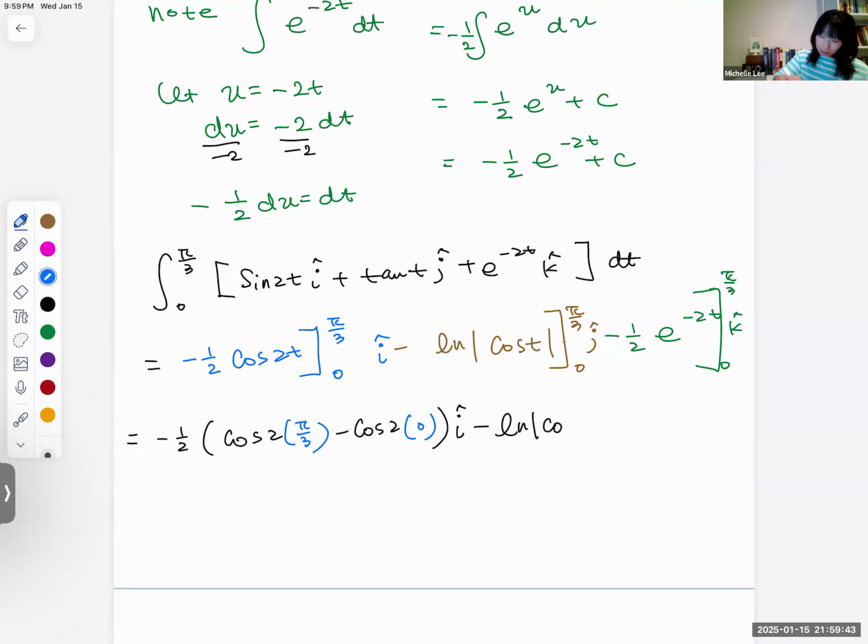Oh, come on. Cosine pi over 3, it's a natural log.